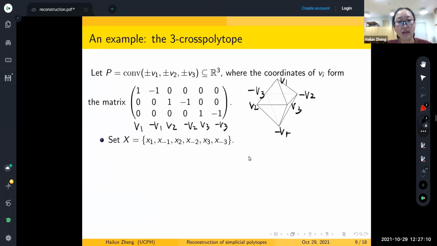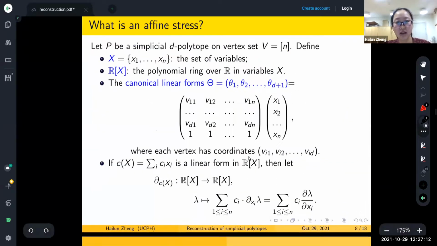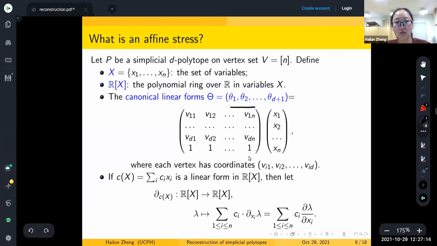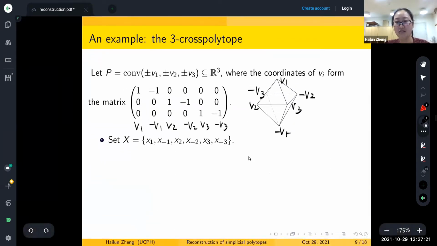The next step is that I will be able to write down all these canonical linear forms given by this definition. It's easy to see what they are. For the variables, let's assume that v1 and minus v1 correspond to x1 and x minus 1, and same for the other 4 variables.